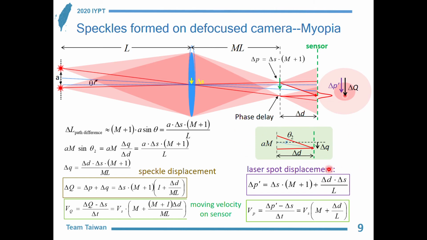After a few algebraic arrangements, the displacement of the speckles and laser spots can be described with these two formulas, and their moving speed on the sensor is also shown here, which indicates that the magnification of the imaging camera M and the sensor position away from the imaging plane, delta D, will affect the speckle drifting dramatically.